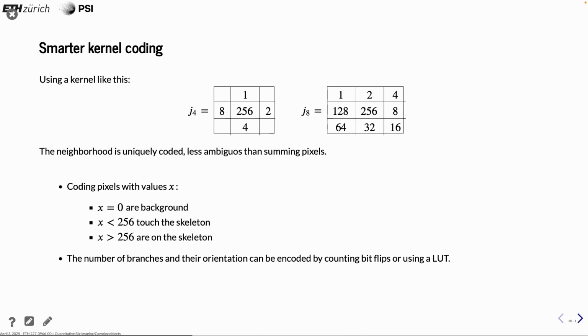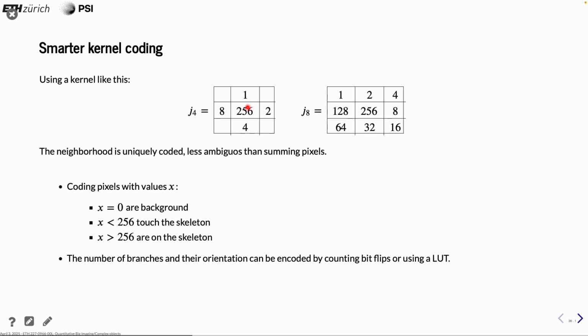You can also work with different kinds of coding of this kernel. For example, using these 2 kernels, they don't make much sense in normal filtering, but for characterizing the pattern you have in the skeleton, they can be helpful, because they can tell really how these pixels are configured, so you can tell the orientation of your junctions.